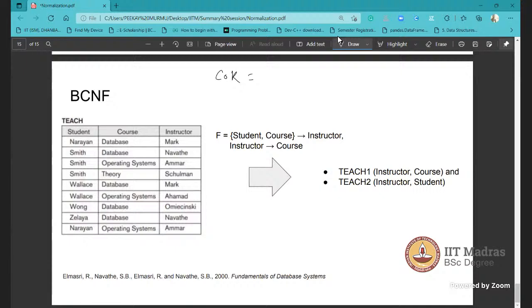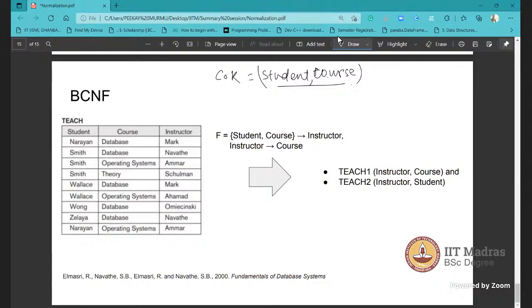Student? Let me take the closure of student, right? No, sir, student and course together. Okay, so student and course combined are the candidate key, right?